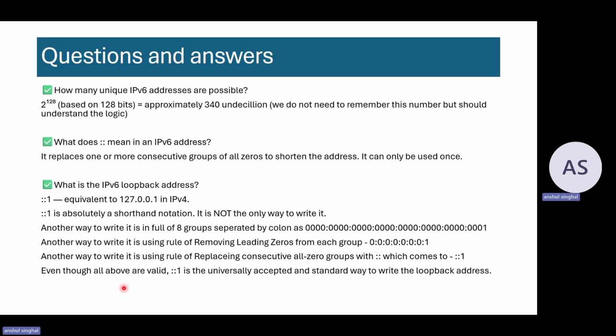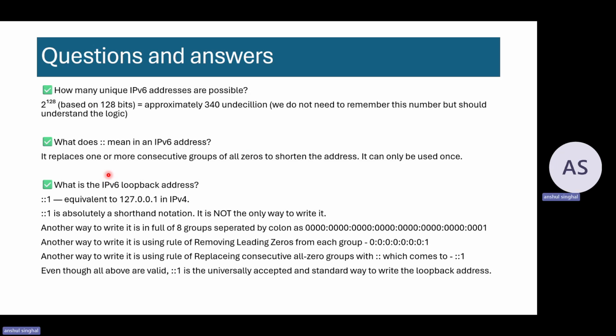Then, how many unique IPv6 addresses are possible? We do not need to remember the exact number, but as we noted earlier, an IPv4 address is 32 bits and it is 2 to the power 32. Based on the same analogy, IPv6 is 128 bits, so the maximum number of unique addresses possible is 2 to the power 128.